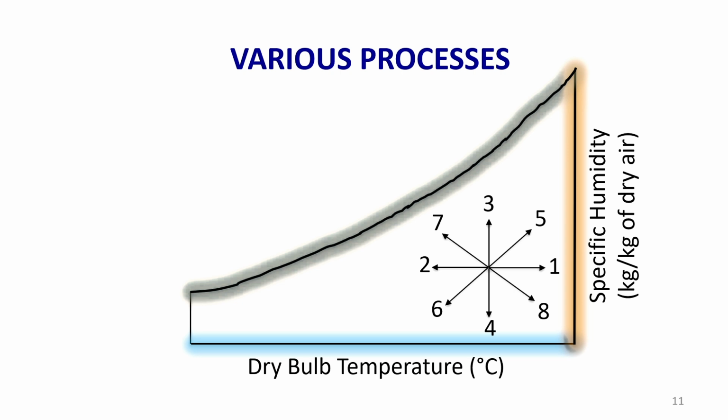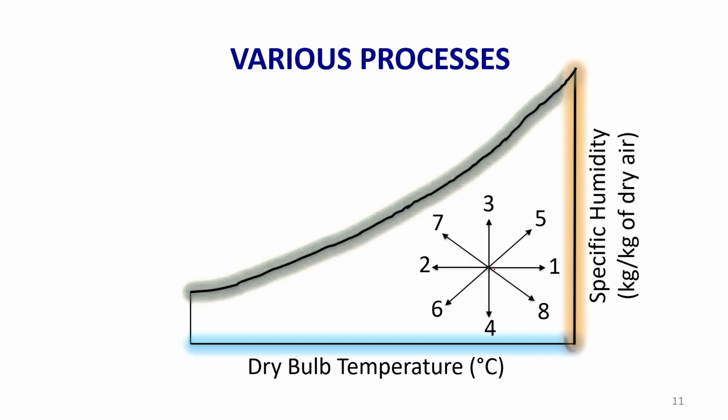So, this schematic shows the summary of all the 8 processes which we have discussed. Process 1 is sensible heating, where the temperature will increase, there is no change in humidity, the humidity remains constant.